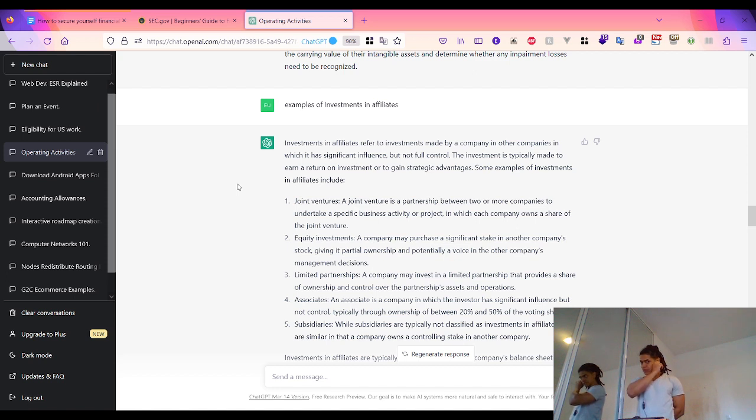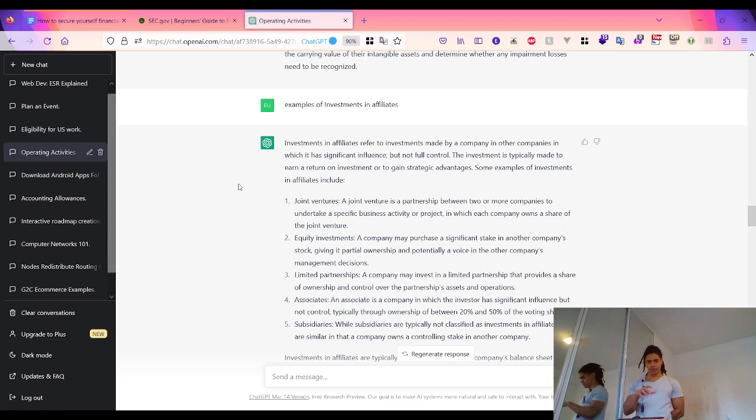Equity investment is when a company can purchase a significant stake of another company's stocks, giving it influence and partial ownership of the company.